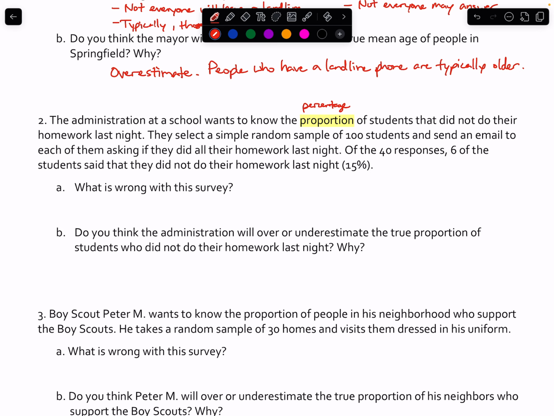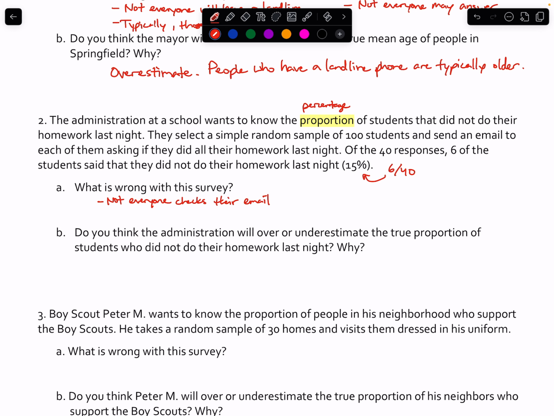So again, there's lots of things wrong here. What is wrong with this survey? Not everyone, especially students, young people typically, checks their email. I kind of have to because of the nature of my job. I check it pretty frequently throughout the day, but you guys probably don't check your emails super often.